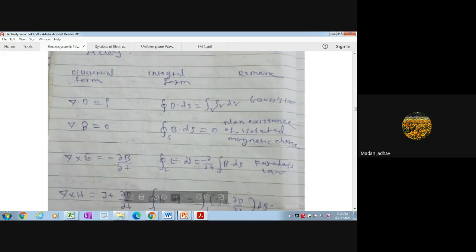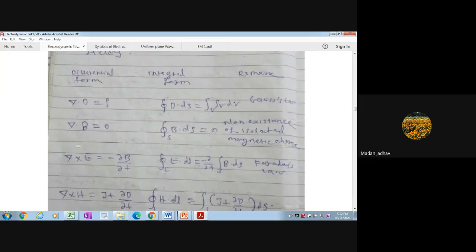This minus sign is because of Lenz's law, and d phi by dt is the rate of change of the magnetic flux linked to the closed circuit.